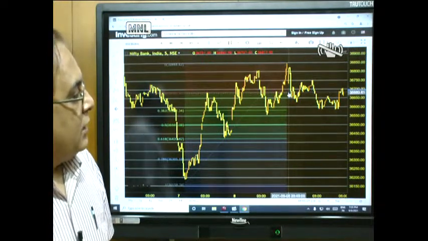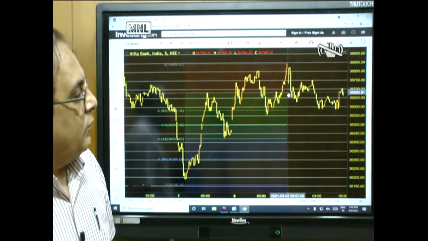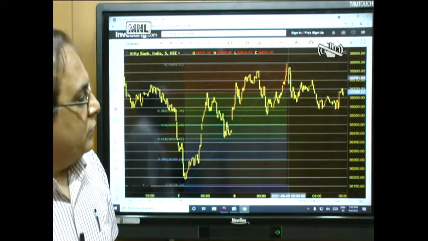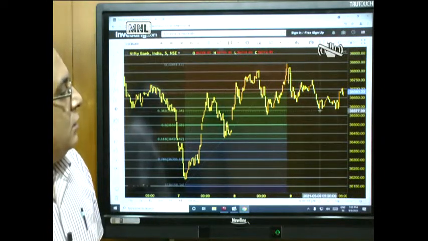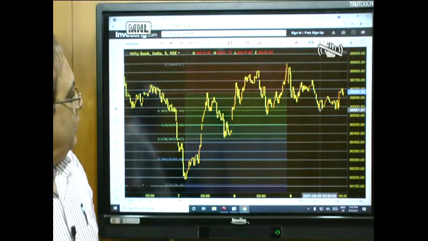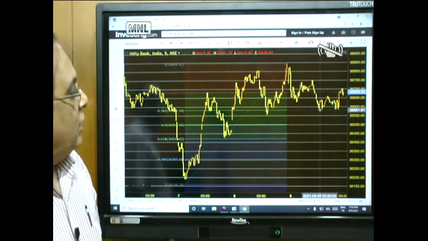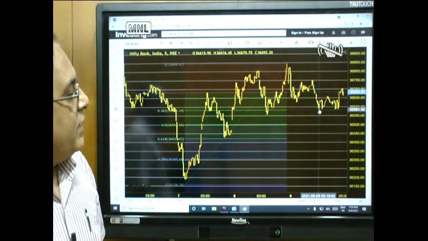Once it started to cut this particular level, probably you can go short below this with a stop loss above this. Then the next important level, which is just holding on, is the 38.6% retracement. It just held on to this particular level, which is 36,575, 580 levels.